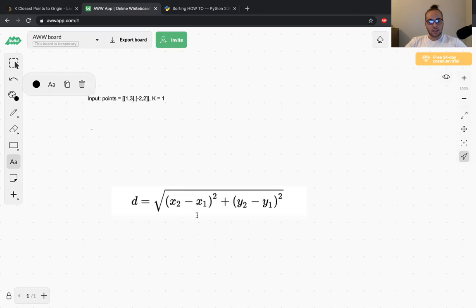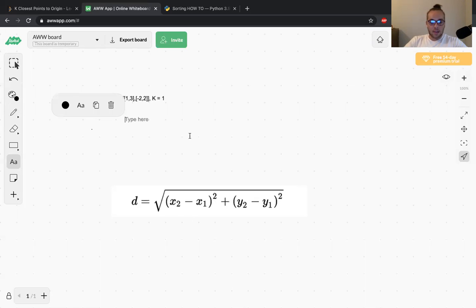So we can think to ourselves, okay, we're doing x2 minus 0, y2 minus 0, squared. What does that actually look like? Well, that looks like the value for x that we're given, 1, squared, plus the value of y squared, which is 9, and then you do 1 plus 9 under the square root.